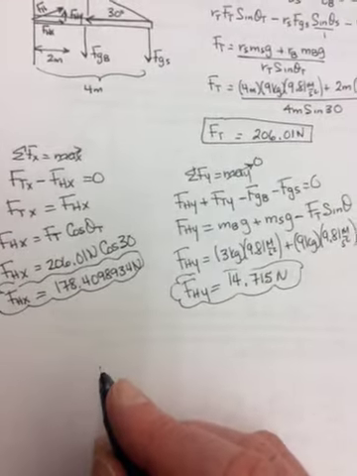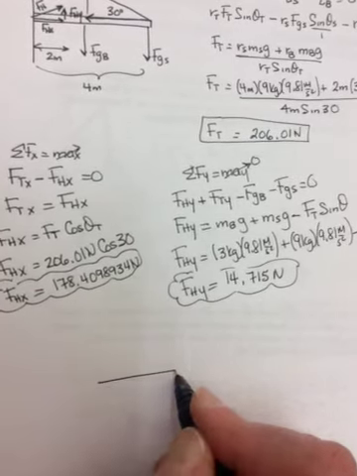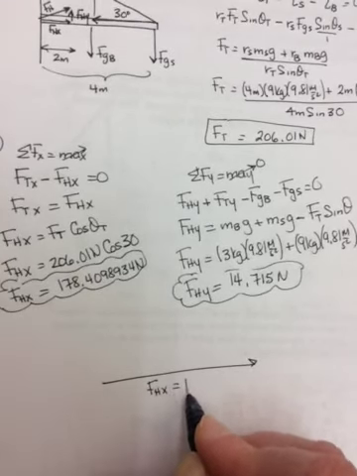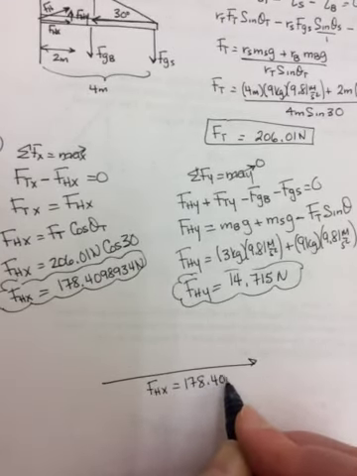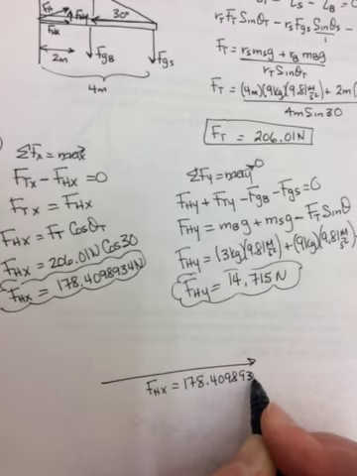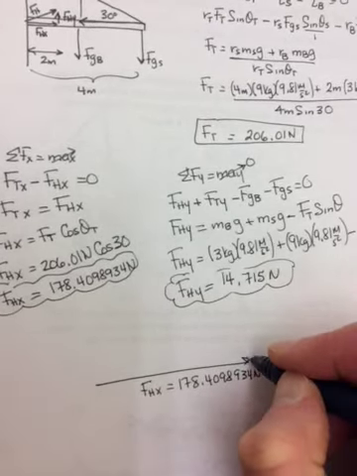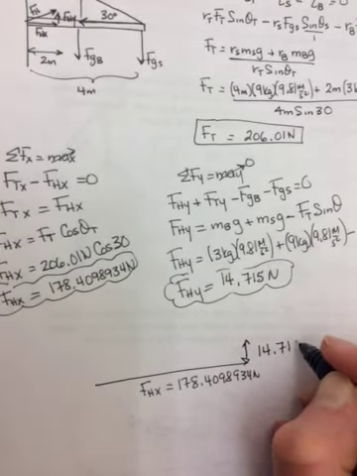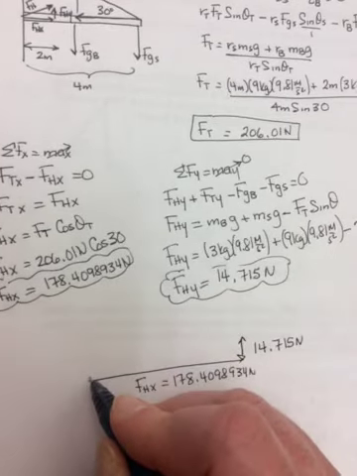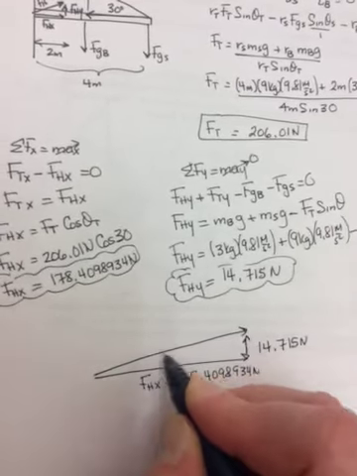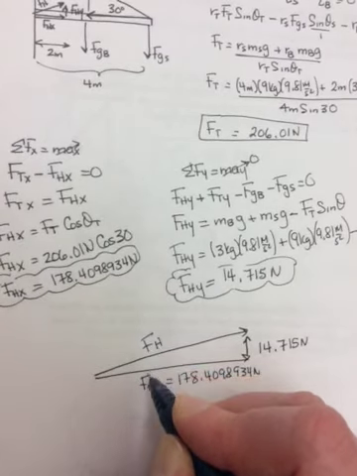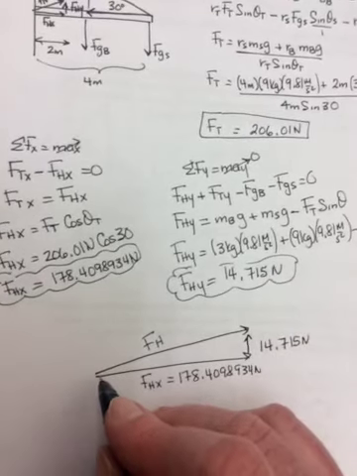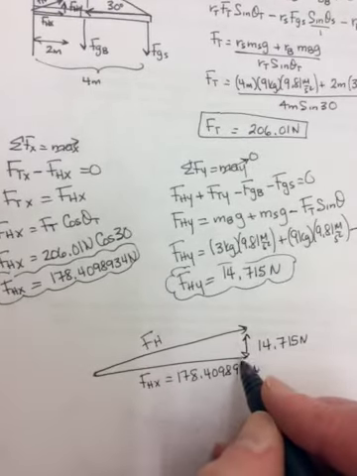So if you want the Fh, you need to draw your components. So Fhx will be 178.40989934, etc. And the y will be like this big, 14.715 newtons. And so your resultant Fh will be here. And remember earlier I said, because I'm old, I know it's really hard to have the house push out with a totally horizontal force.